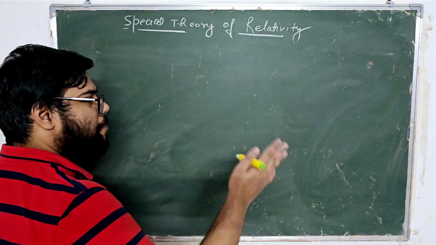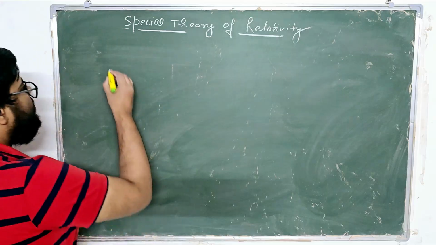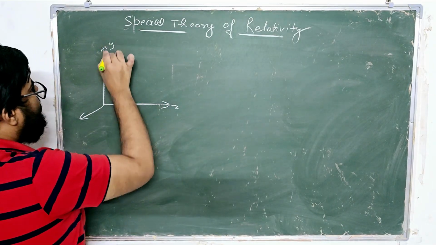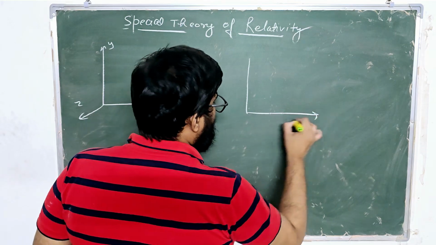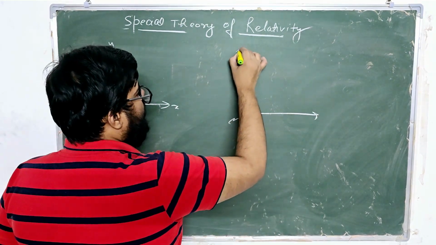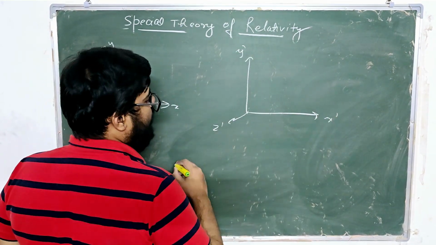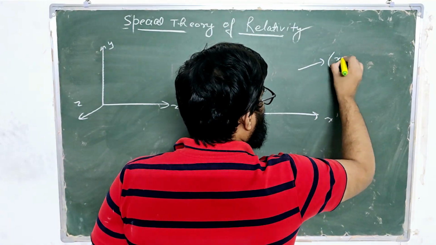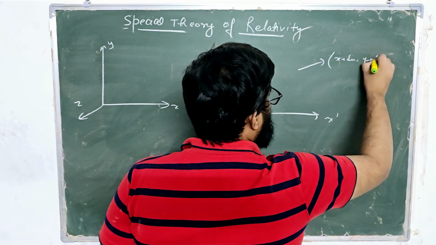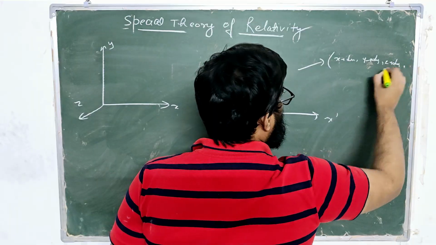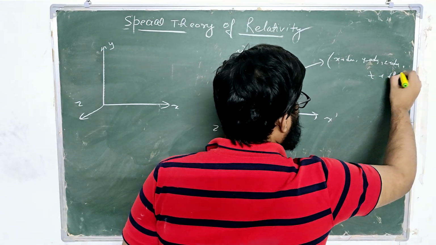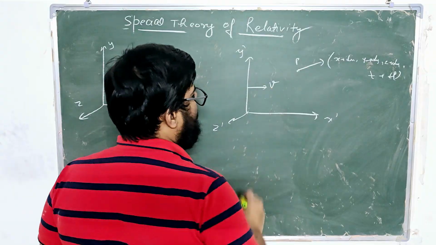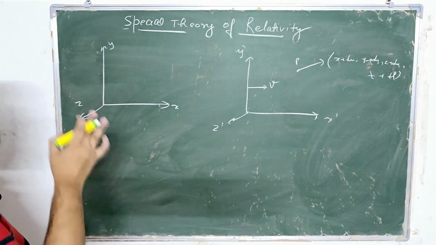Now let me erase this and let's take another case. Now let's assume that the particle was in motion. x, y, z. Suppose that the particle was in motion, x plus dx, y plus dy, z plus dz, t plus dt. Okay, this particle is moving along the x-axis with a velocity v.